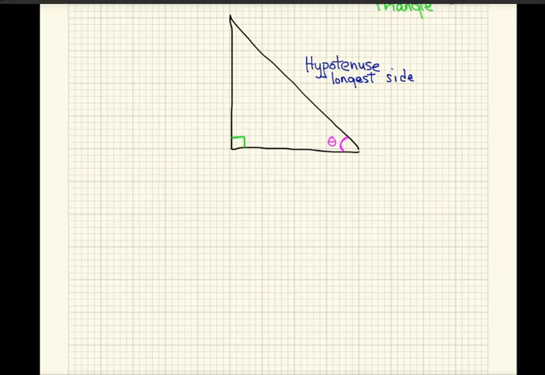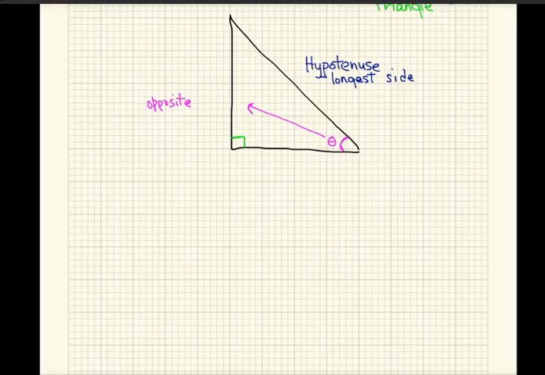So this is a really important piece of SOHCAHTOA in that the opposite side is always the side opposite the angle that you're looking for.